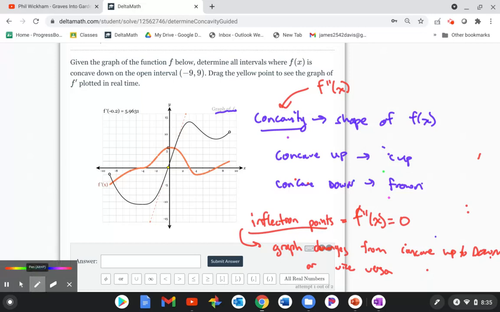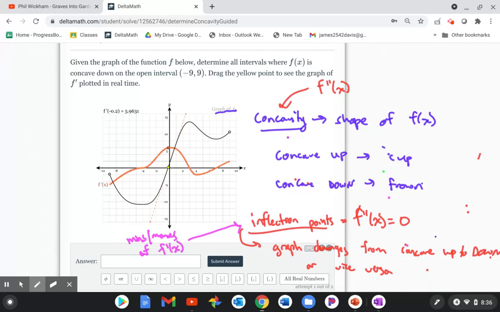Well, where does the second derivative equal 0? Another way of saying this is the mins and maxes of f prime of x.